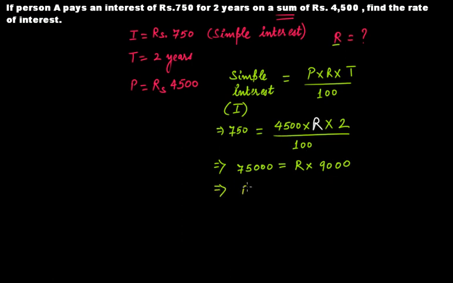And when you solve it, it is 75,000 divided by 9,000.